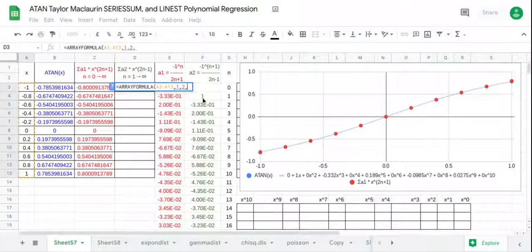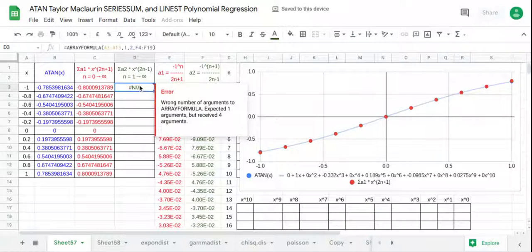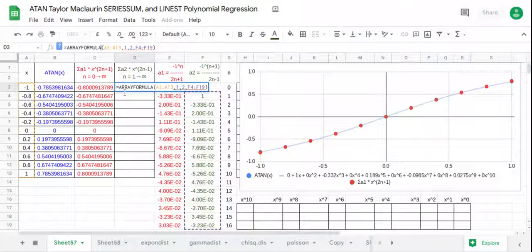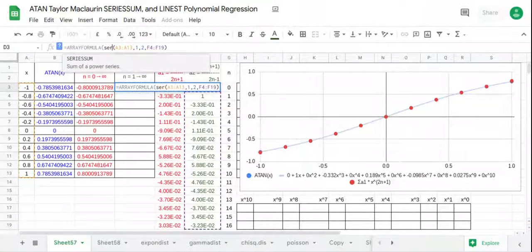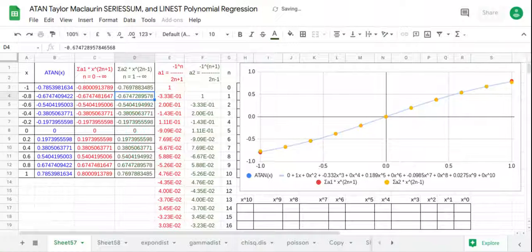And the coefficient, it will be this range. This is series sum. So I forgot the series sum. Series sum. Now that should be correct. So these values are almost the same.